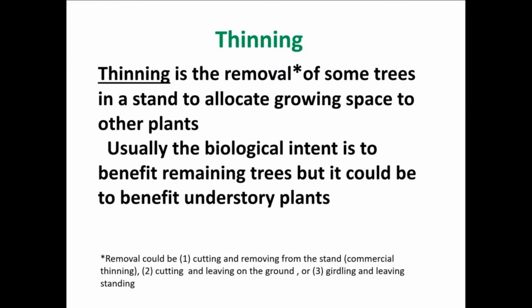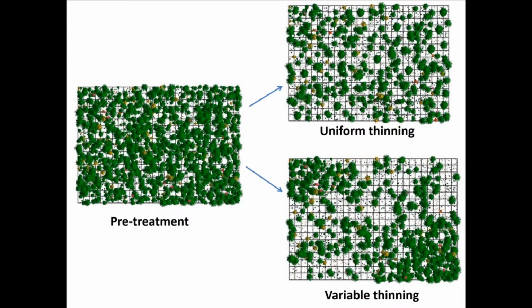So as most of you know, thinning is the removal of some trees in a stand to allocate growing space to other plants. And traditionally, the biological intent is to benefit the remaining trees, but there isn't any reason why thinning can't be done to benefit other things, such as understory plants or other components of the stand.